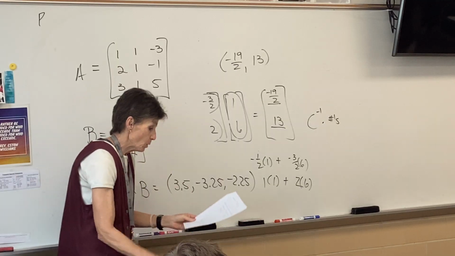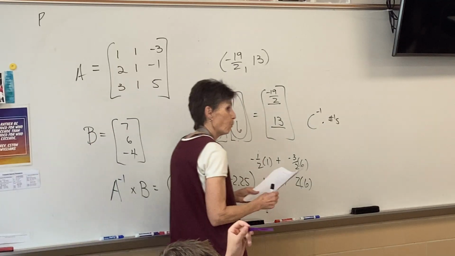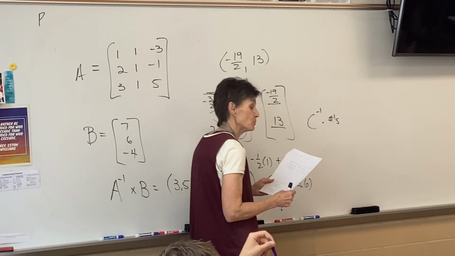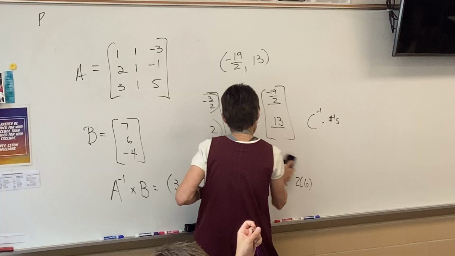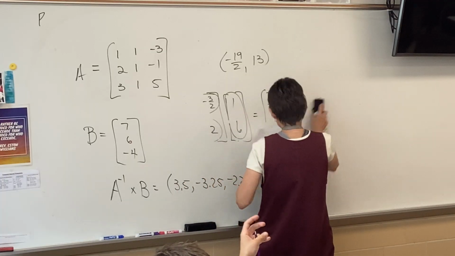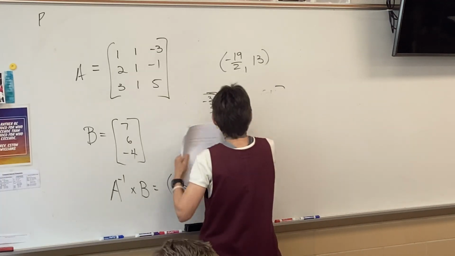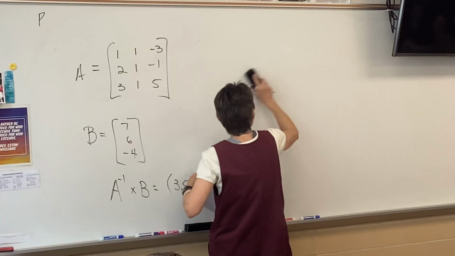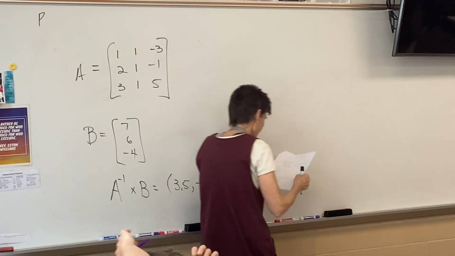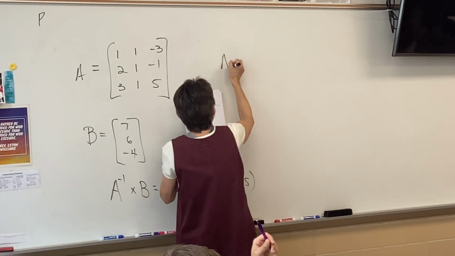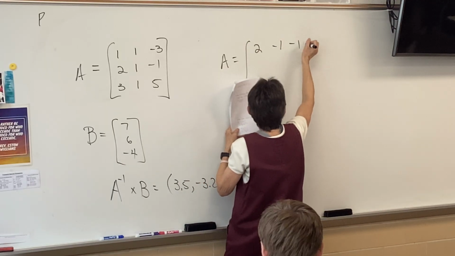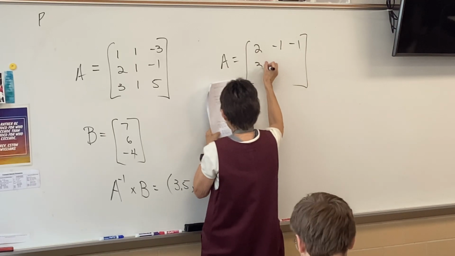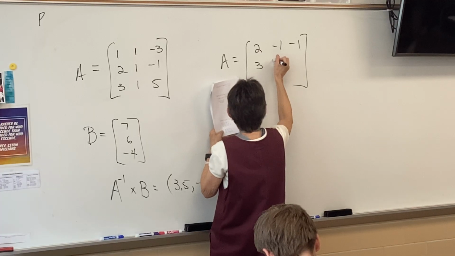All right. You can't always use the calculator. 2 by 2, 2 by 2. All right, now, would you and your partner try B? So you are going to do exactly the same thing. Matrix A. Oh, be careful.